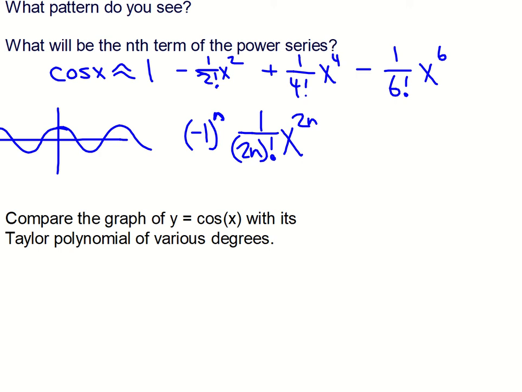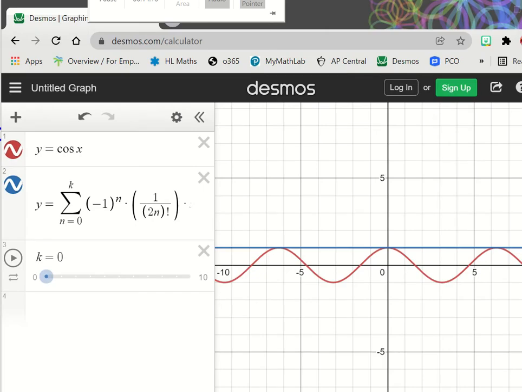Our next task is to compare this graph of y equals cosine x with its Taylor polynomial of various degrees. You can do that on your calculator, or I'm going to pull up Desmos for you. I've pulled up Desmos, and I typed in y equals cosine x in the first function, and then in the second function, I've typed the sum of the formula that I made for the nth term.